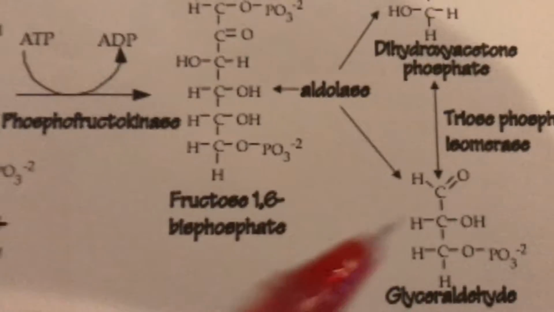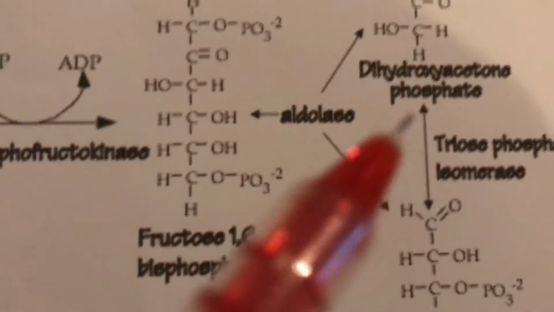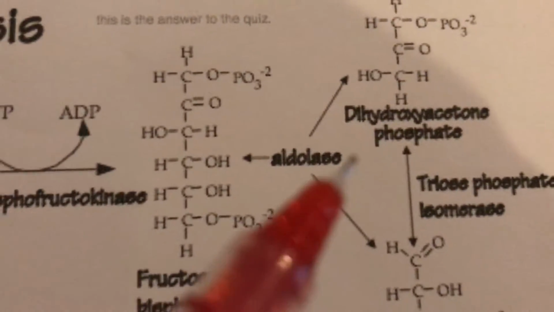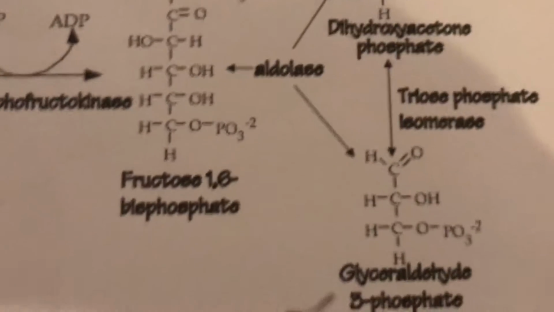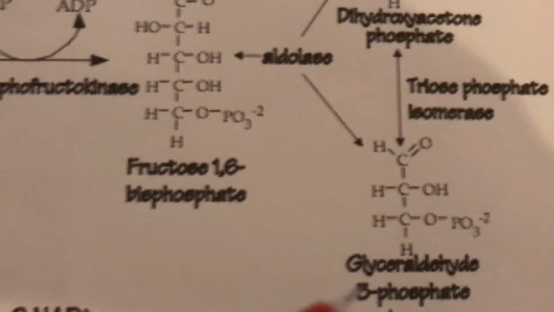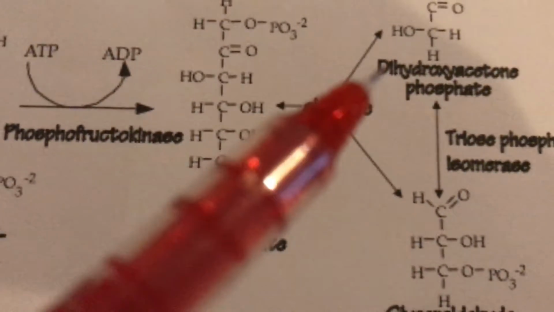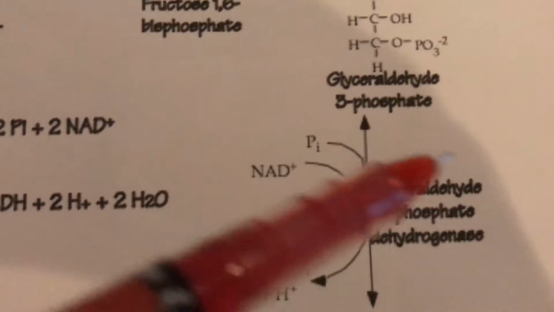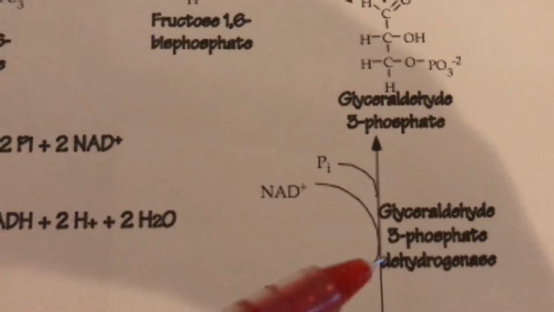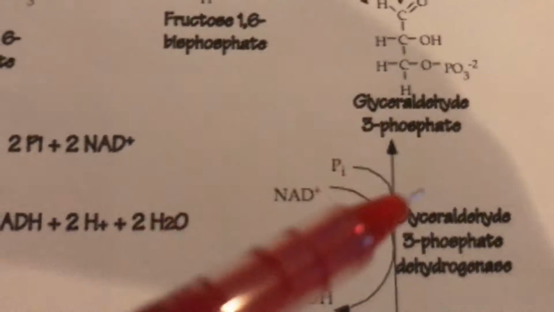And so via the enzyme aldolase, fructose 1,6-bisphosphate is converted into dihydroxyacetone phosphate and glyceraldehyde 3-phosphate. But for this enzyme to work, it only works on glyceraldehyde 3-phosphates.